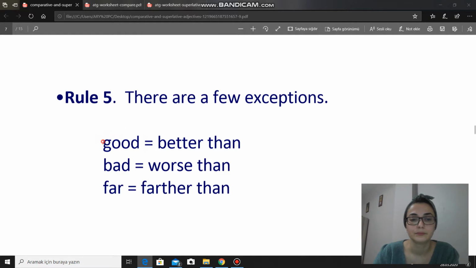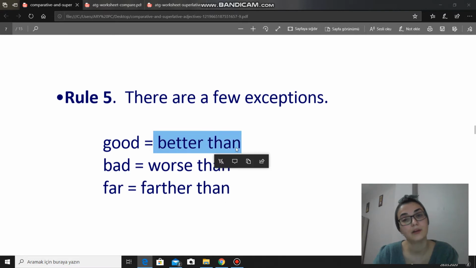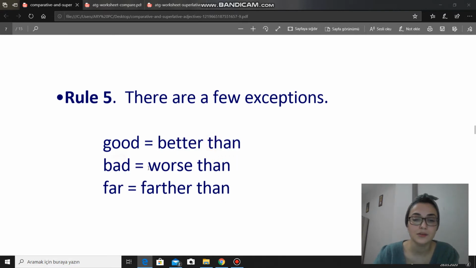Good. Good is our exception because you cannot use er. So you should say better than. Bad. Worse than. Far. Farther than. These are our exceptions. So take your notes.